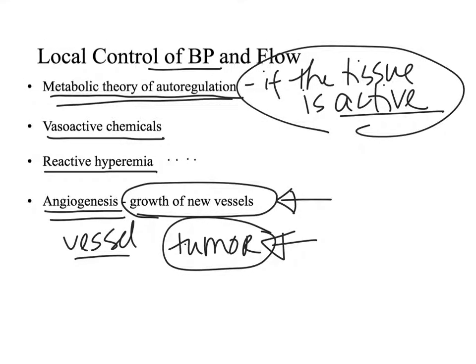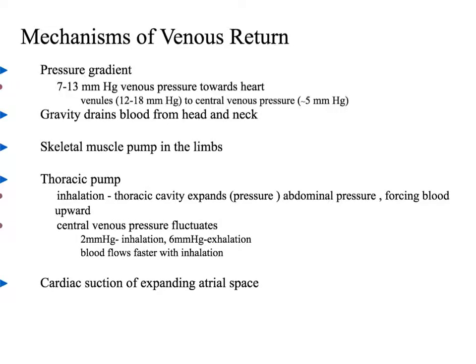If you have a tumor, they're trying to study what causes the blood vessels to go to that tumor, because if you could control the blood supply, then you could stop the tumor from forming. Okay, but these are just four basic ideas of what makes blood flow to specific tissues.